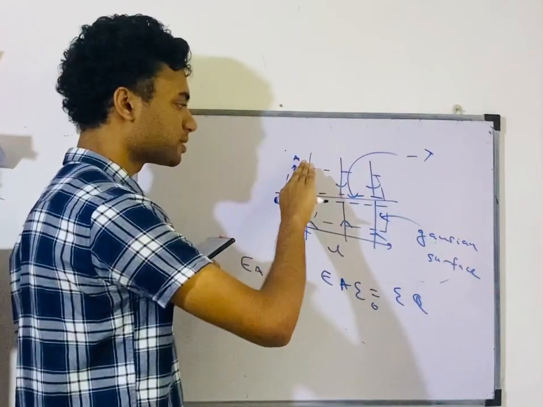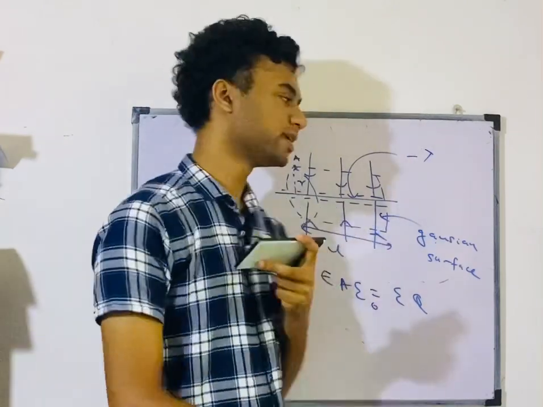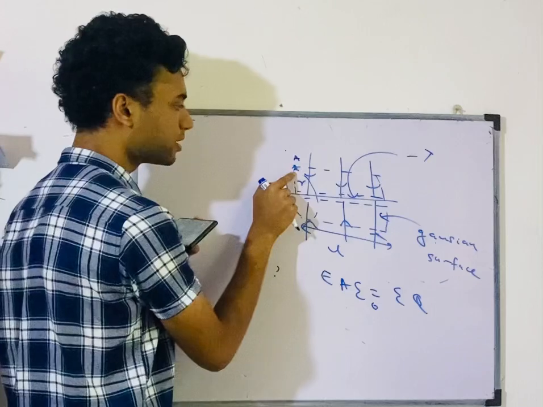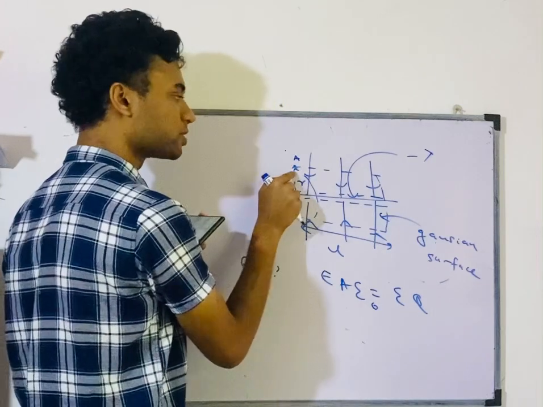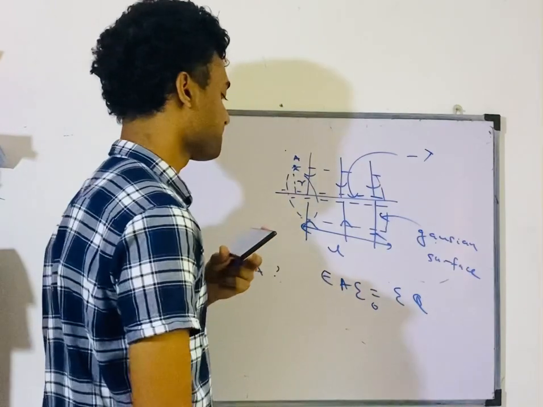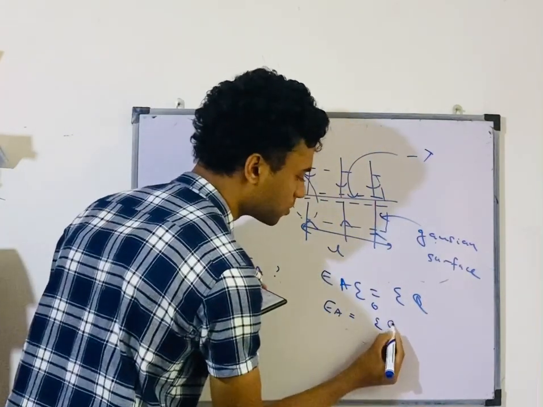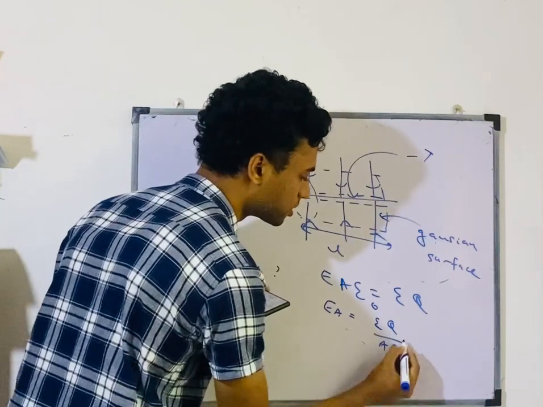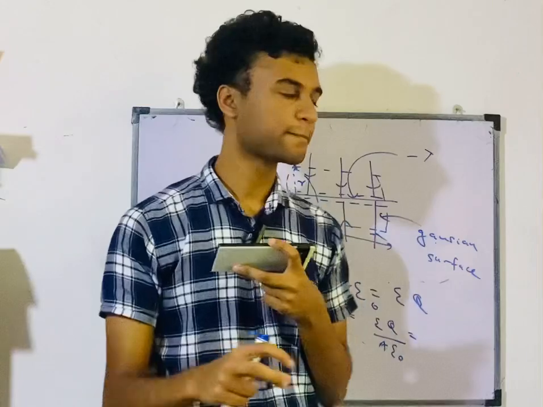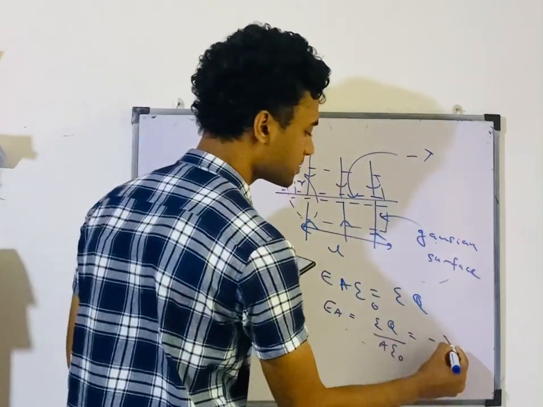What's my Gaussian surface? The cylindrical Gaussian surface, a cylinder having this radius r. Why did I consider radius r here? Because I have to find the electric field intensity at A. So the electric field intensity at A is equal to sigma Q over A epsilon naught. What is sigma Q? The total charge within my Gaussian surface is minus lambda L.